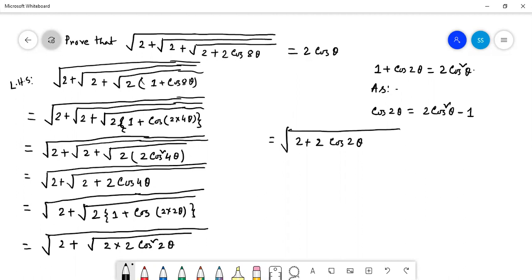Yes, sir. Then again if we take common 2 from here, it will be 1 plus cos 2 theta. 1 plus cos 2 theta means 2 cos square theta.